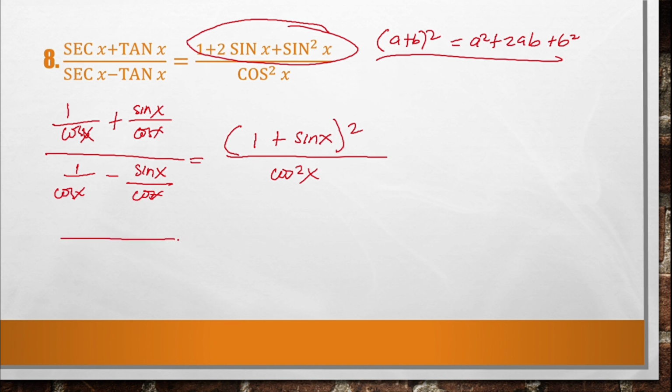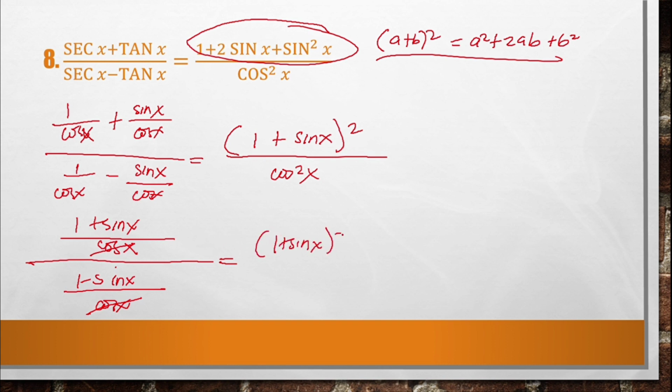Now same here. The LCD of this part is cos x. So cos x, this is 1 plus sine x all over, and this is cos x, 1 minus sine x. So we could cancel this part because if we take the reciprocal, it can still be cancelled. And we have here 1 plus sine x squared over, this is an identity, 1 minus sine squared x.